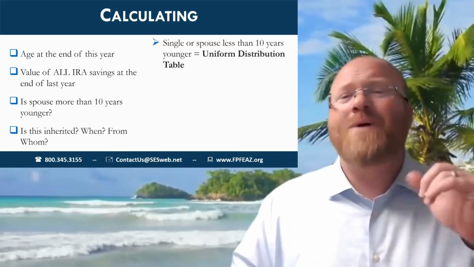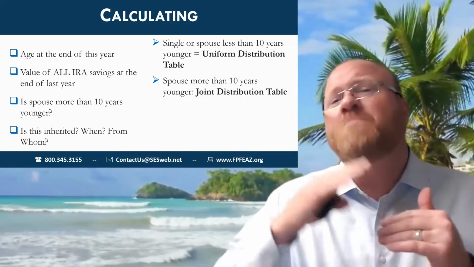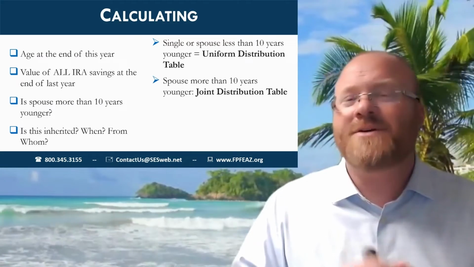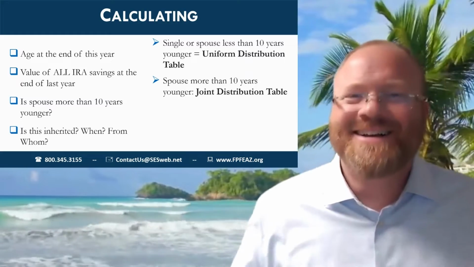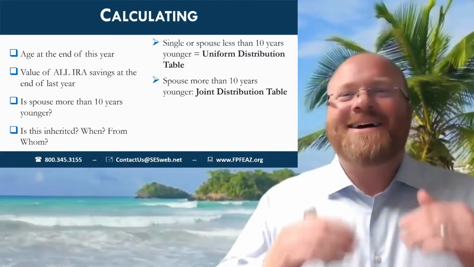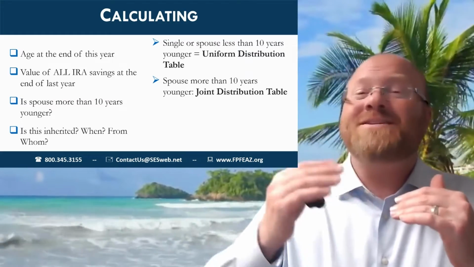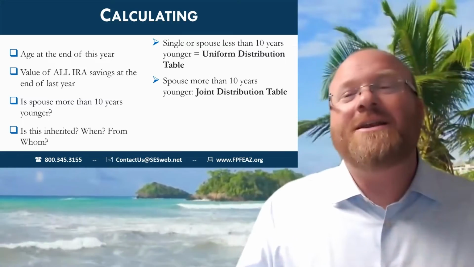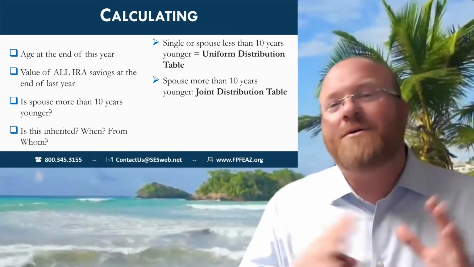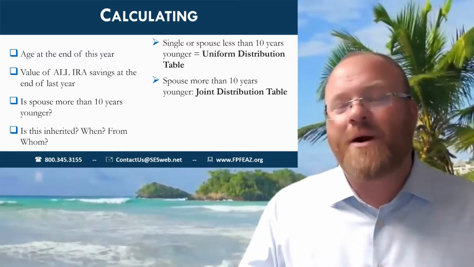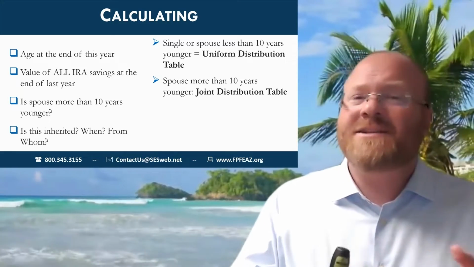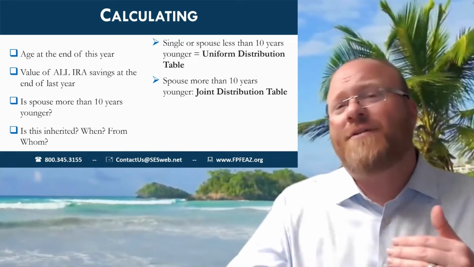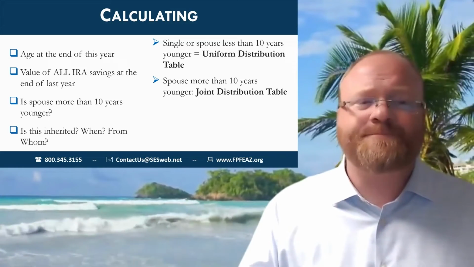If you happen to have a spouse that's more than 10 years younger than you, then we have a whole separate table to calculate required minimum distributions. And that's because the money needs to last longer for that younger spouse.